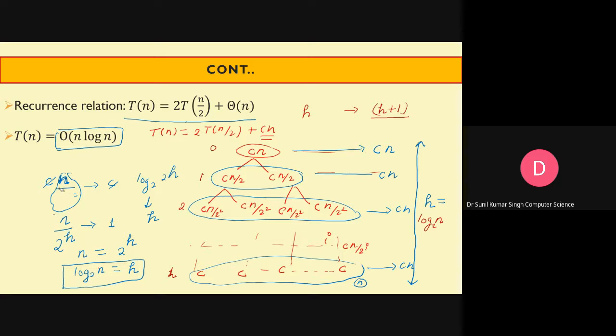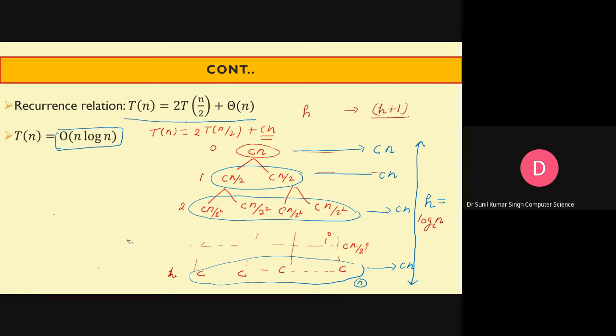Now what we can do, by combining the cost of each step, we can calculate the time complexity. So you can see number of levels are h plus 1, which can be written like log base 2 of n plus 1. So number of levels are log n plus 1, and each level is contributing this much cost.